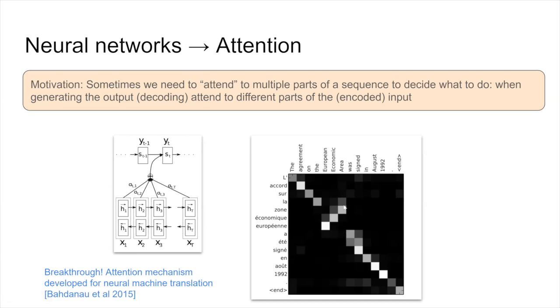And then at the same time, if you're doing decoding, say you're encoding a sequence, maybe a sentence in French, and then doing translation and decoding it into English, you might need to look at different parts of the sentence at different times when you're decoding it. So it's not a one-to-one mapping between the elements. You don't want to map zone to the corresponding word in English, which would be European. There's some reversal that happens there.